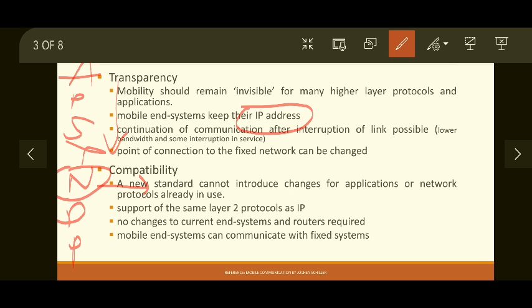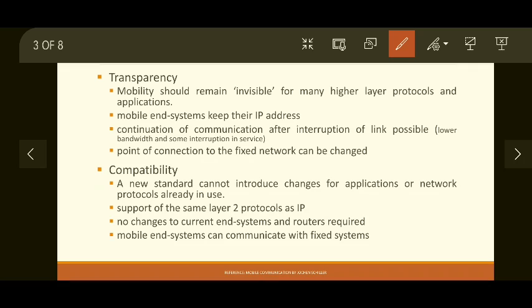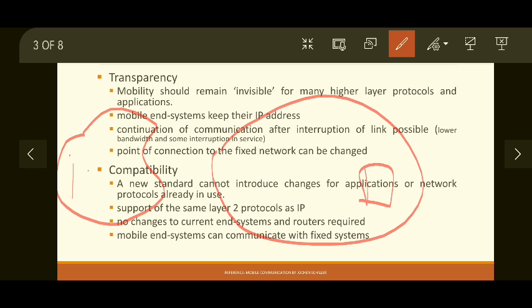Then, while supporting mobility, the point of connection to the fixed network can be changed. What do we mean by point of connection to the fixed network? Now this is a network, this is a mobile node, and this is the internet. This node is connected to the internet via a router.